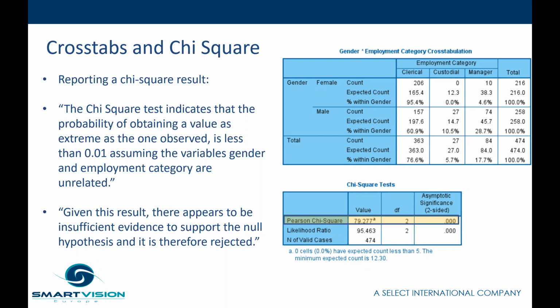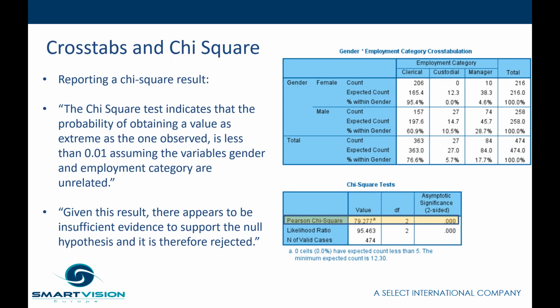And that leads you to chi-square, and chi-square works by looking at the difference between the observed and expected and adding that up, and then saying how often would you get a difference that large in a universe where actually gender in no way affected your employment category, and returns a probability value to us, which then allows us to either accept or reject a null hypothesis. And it's very powerful because crosstabs are really simple and they work really well with category data.